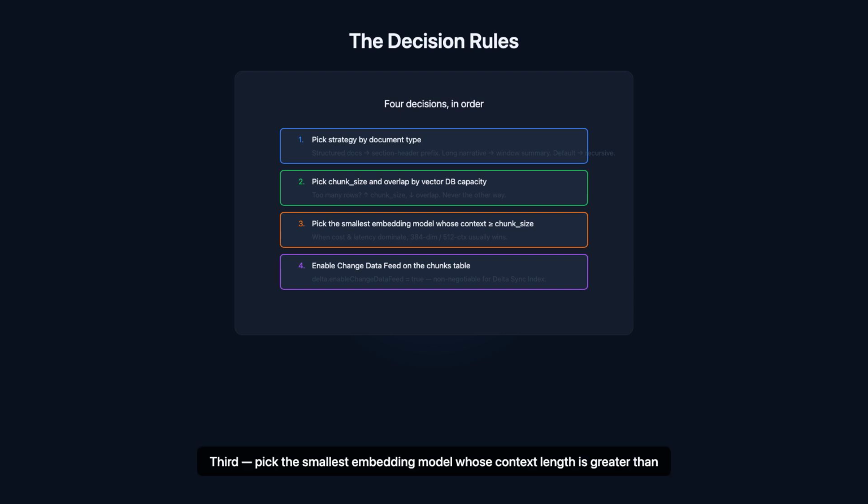Third, pick the smallest embedding model whose context length is greater than or equal to your chunk size. When cost and latency dominate, 384 dimensions at a 512 context almost always wins. Fourth, enable change data feed on the chunks table. That's non-negotiable for delta sync index.